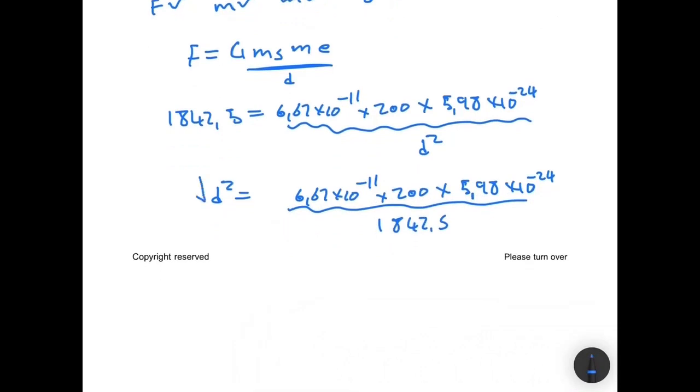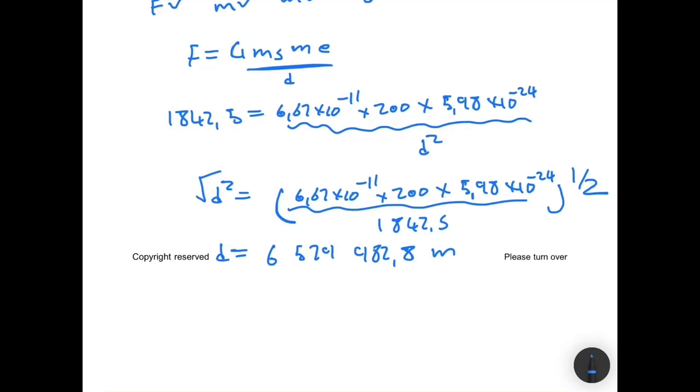So you take a square root on this side, and then you take a square root on the right-hand side too, and then you're going to get a distance of 6,579,982.8 meters, right? So this is the distance between the Earth and our satellite.